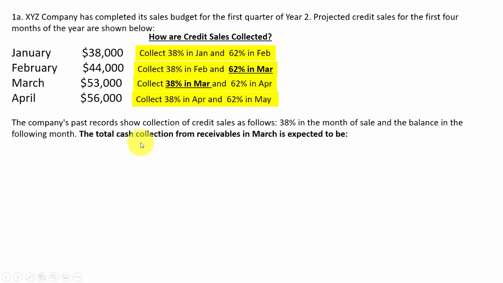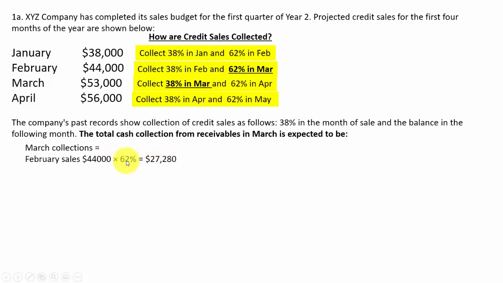And what we really want to focus on here is the total cash collections from receivables in March only. So for March collections, I've highlighted what we really want to focus on. We want the February credit sales that we're going to collect in March, and the March credit sales that we're going to collect in March.